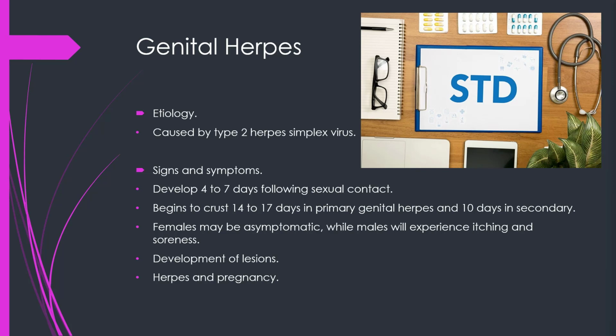There is a development of lesions, and many pregnant individuals will be tested for herpes. There is a potential for a mother to pass herpes to a baby during delivery. There is no cure for genital herpes. Symptoms may be treated with systemic or antiviral medications to lessen early symptoms of the disease.